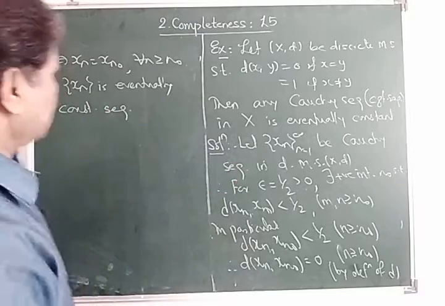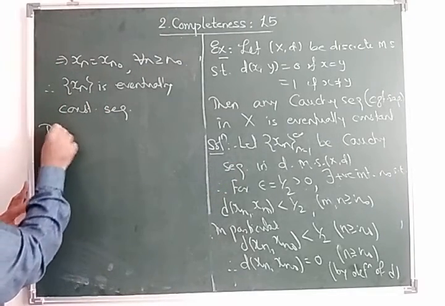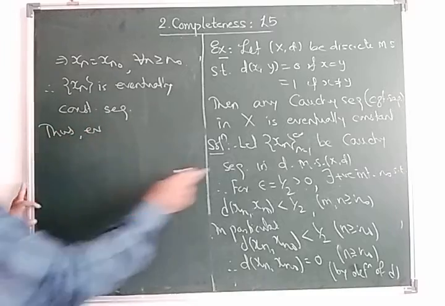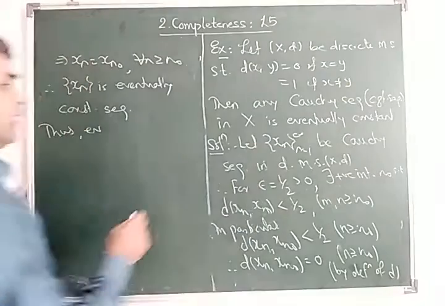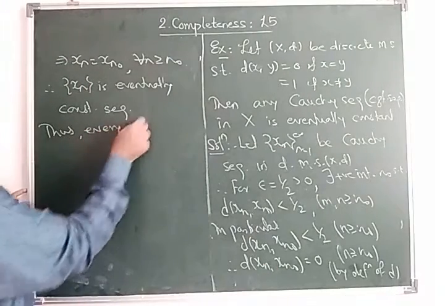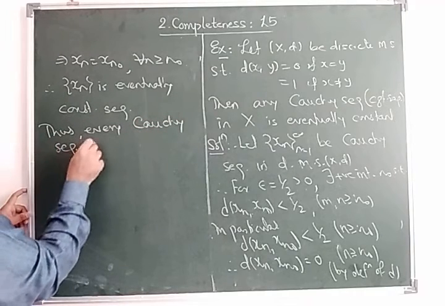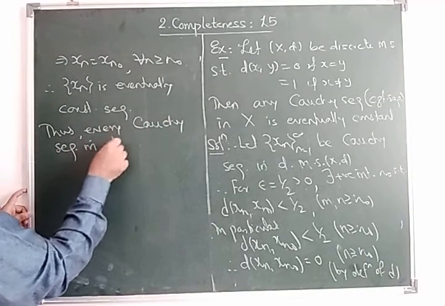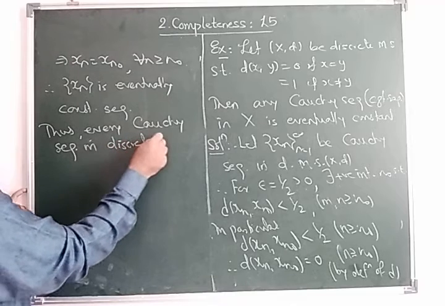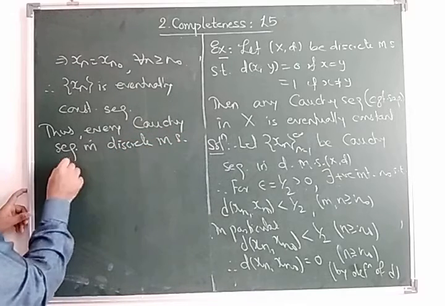Thus, because we are taking an arbitrary Cauchy sequence, every Cauchy sequence in discrete metric space is eventually constant.